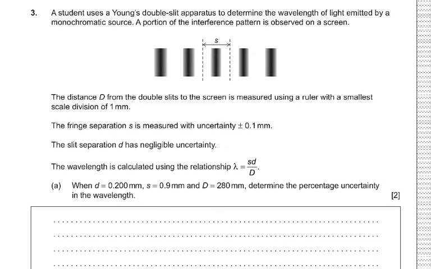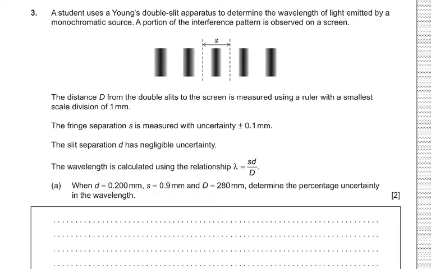So here we have an interference pattern caused by 2 slits, double slit, and that's the Young's double slit apparatus. We are given values for the distance from the slits to the screen down in A, and it says the uncertainty on that. It says it was measured using a ruler with a small scale division of 1 millimeter.